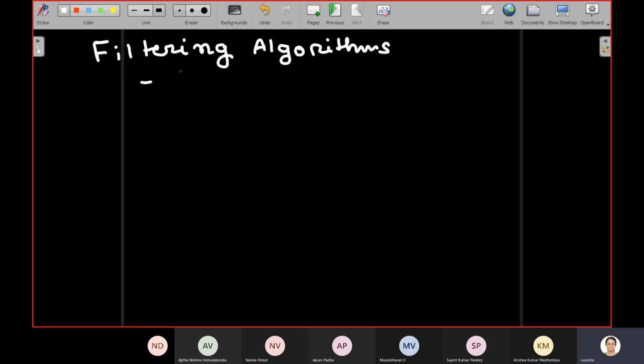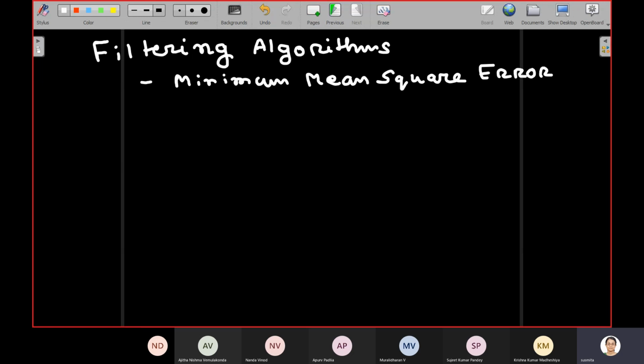We are going to look at 4 of them. The first one we'll consider is called minimum mean square error estimator. A filter is also called an estimator because it estimates some unknown quantities.